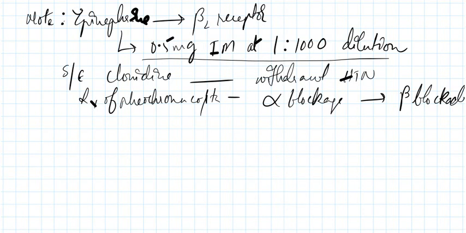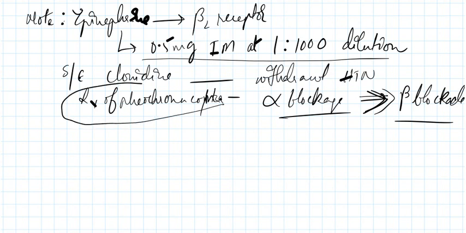The sequence should go like this: first of all, you should block the production of catecholamines. After decreasing catecholamine production only, you should go for decreasing the blood pressure, right?